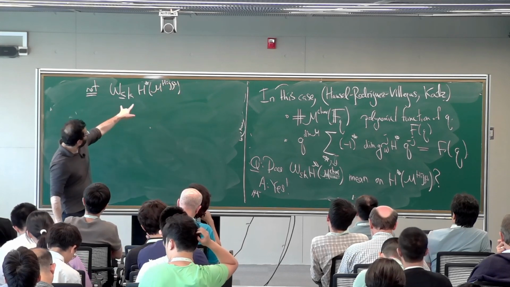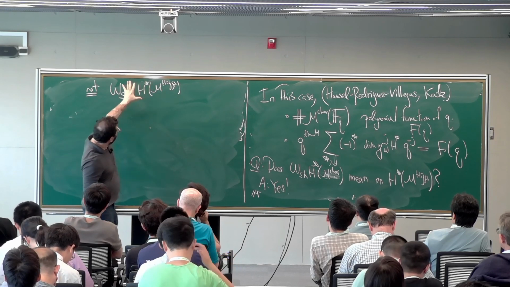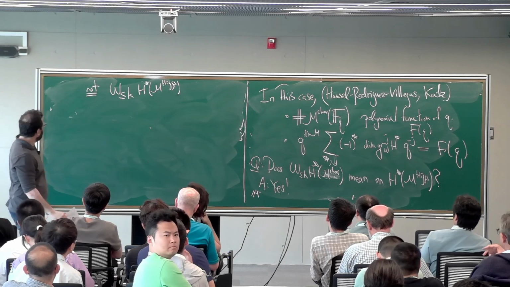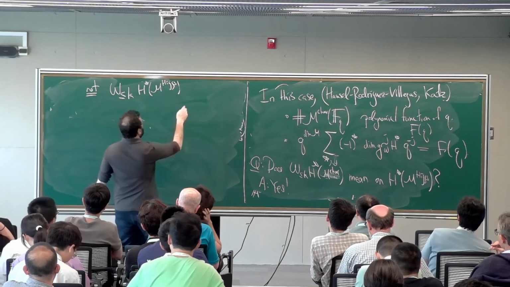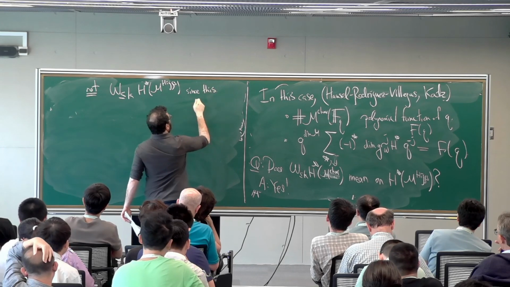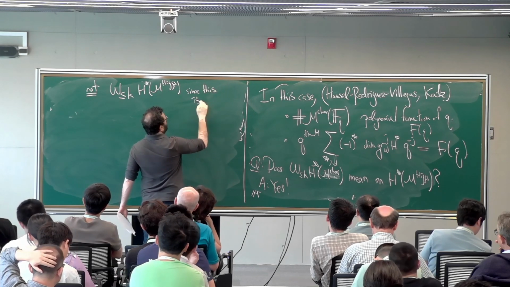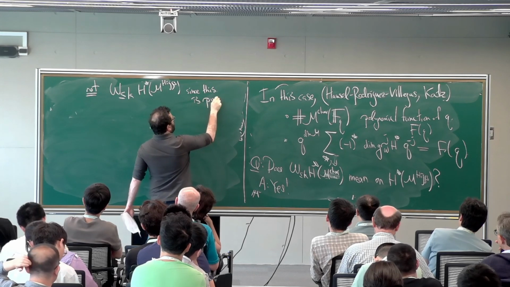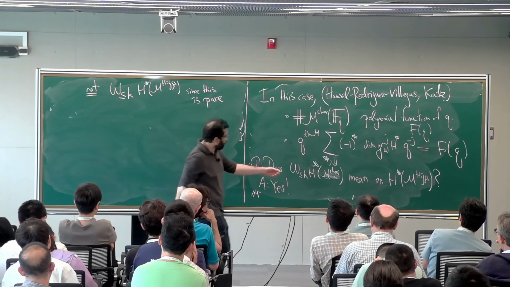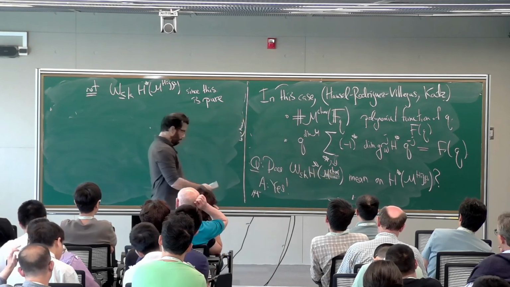Because it turns out the weight filtration on the Higgs moduli space is what's called pure. It only lives in that lowest piece. So the weight filtration on the Higgs moduli space is not so interesting. The weight filtration on the character variety is very complicated.